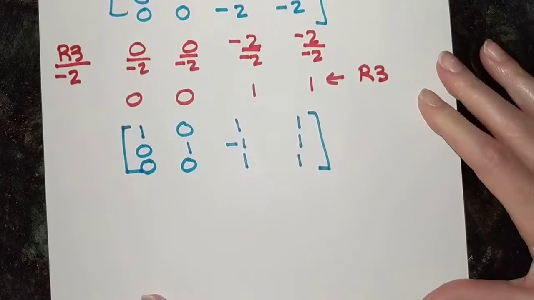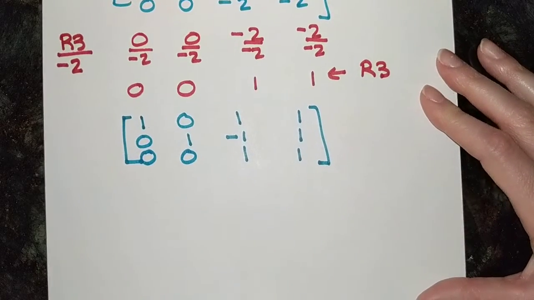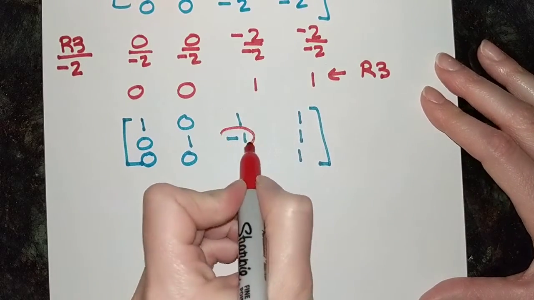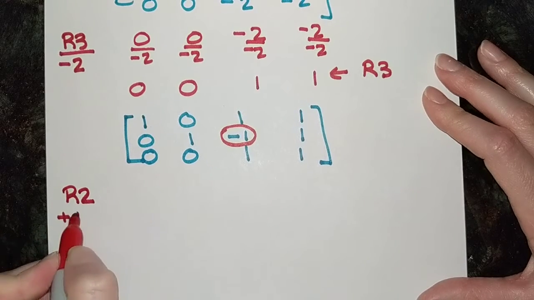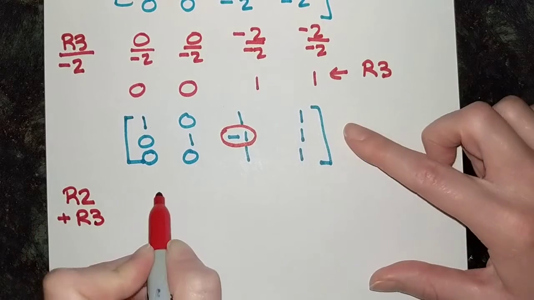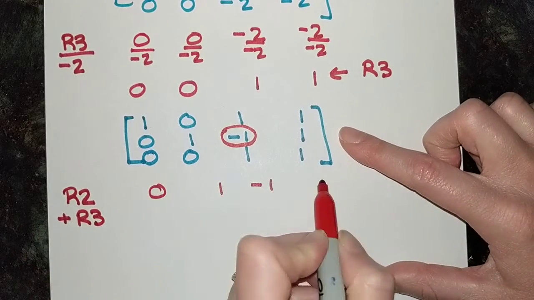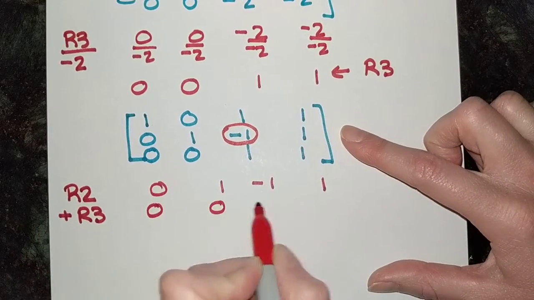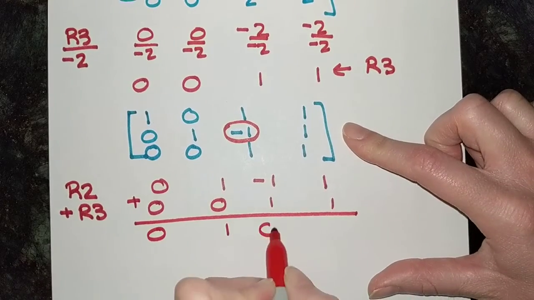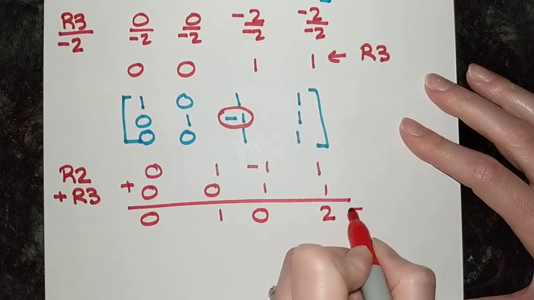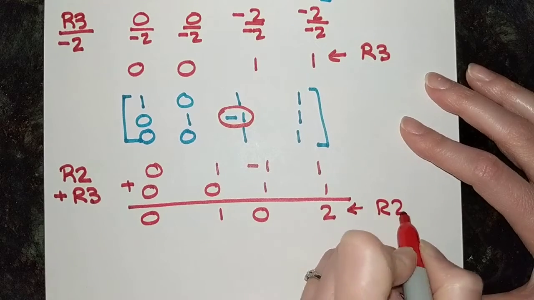And now that you have a leading 1 in row 3, you can focus on getting the 0 in row 2. So you'll take row 2 and add that to row 3. So you'll have 0, 1, -1, 1, and then add row 3 to get 0, 1, 0, 2. So this is your new row 2.